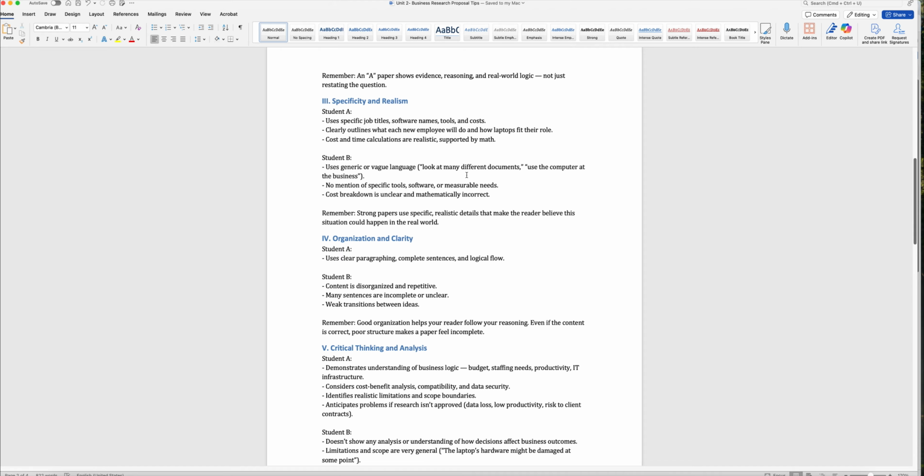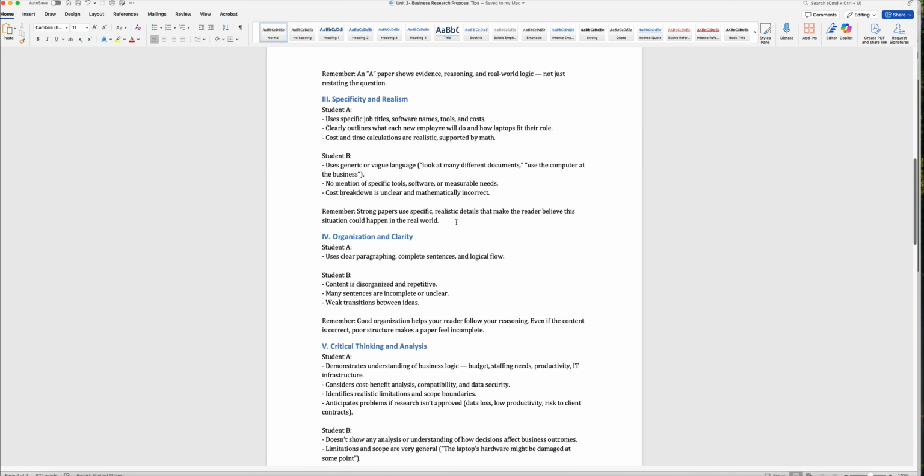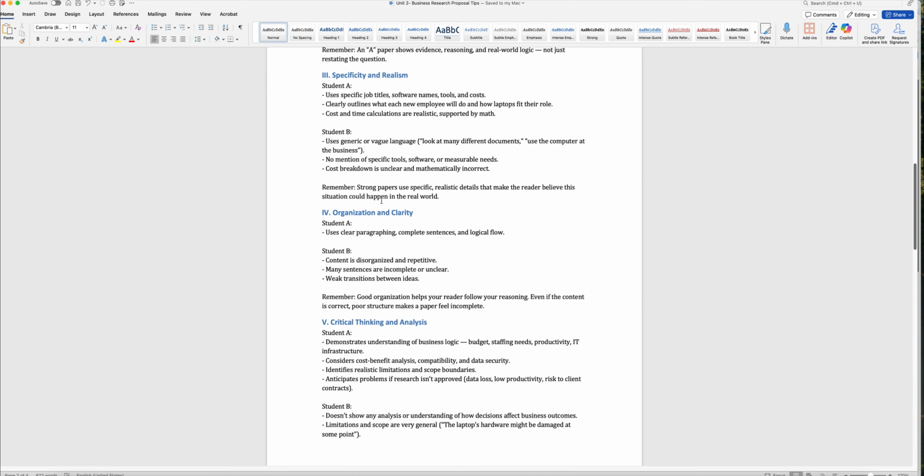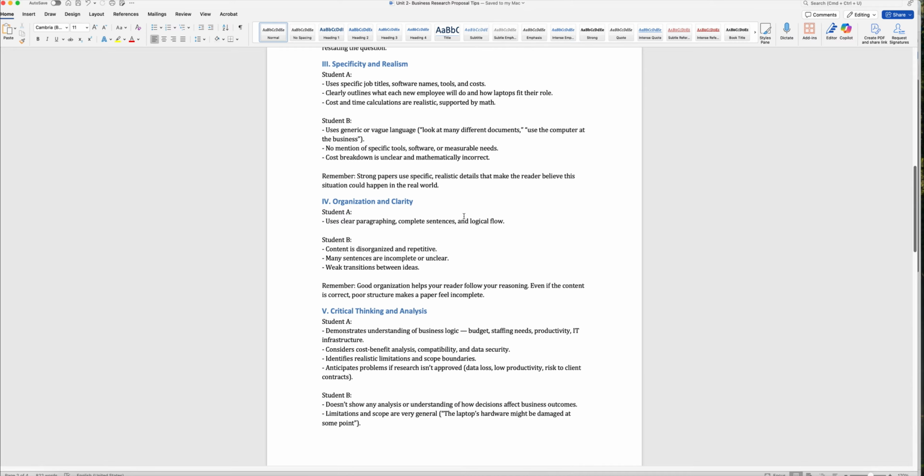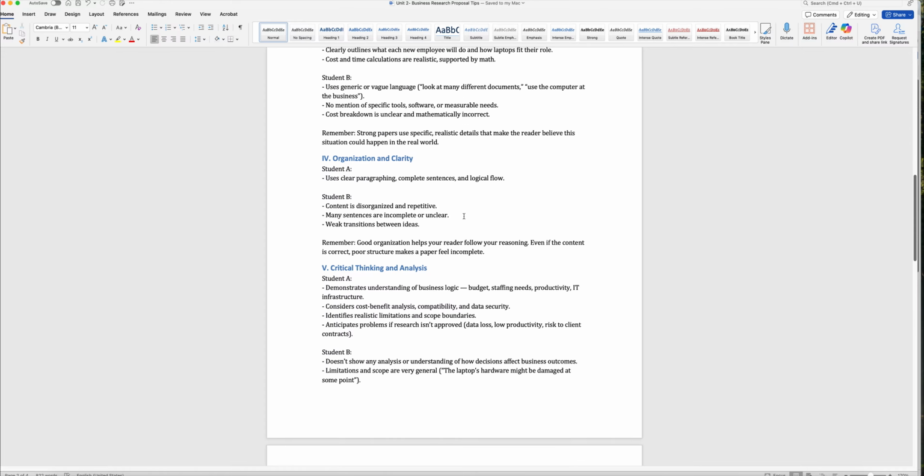No. So use your brains. I know you guys are very smart, and you just need to slow down a little bit and be realistic. Strong papers use specific and realistic details that make the reader believe the situation could happen in the real world.